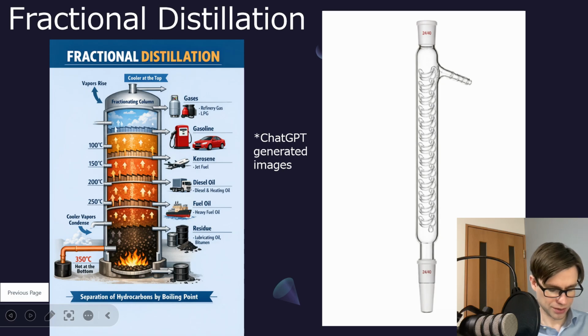Diesel oils at 200, kerosenes at 150, jet fuel, gasoline at under 100, and then gases like not gasoline but actual gas phase, hydrocarbon gases, natural gas kind of thing, refinery gas, LPG, propane, ethane, those kind of things will be at the very top. They have the lowest boiling points.